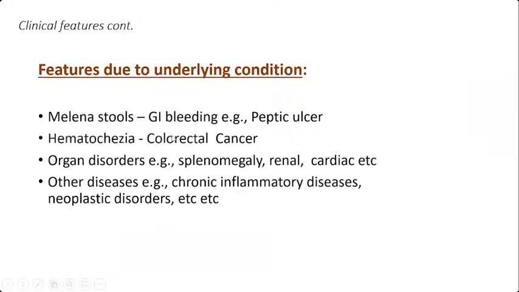This is when you see fresh blood in the stool, and you may find this in colorectal cancers and other conditions such as hemorrhoids. Then with organ disorders, you might find you have an enlarged spleen, kidney abnormalities, or cardiac abnormalities. So one would look for these, which may point to the underlying condition.